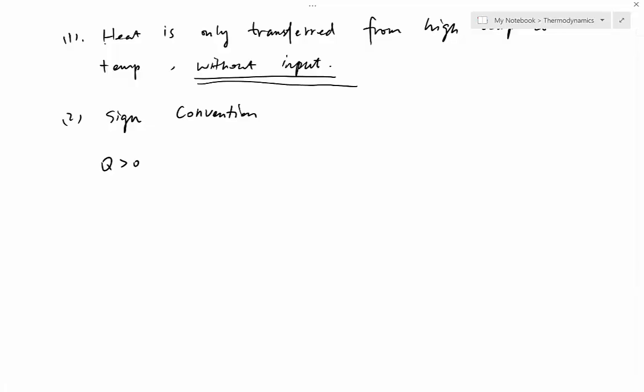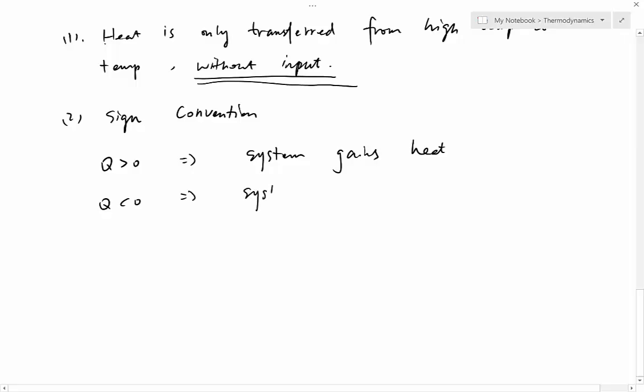If the solution is positive, that means your system gains heat. However, if your heat transfer is negative, that means your system loses heat. Your textbook may say rejects heat.